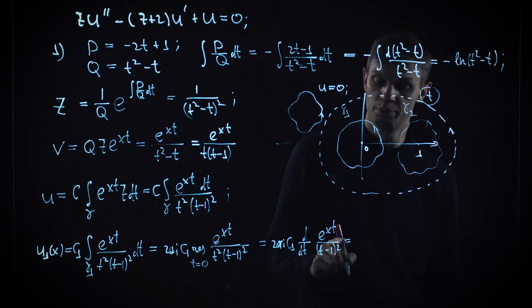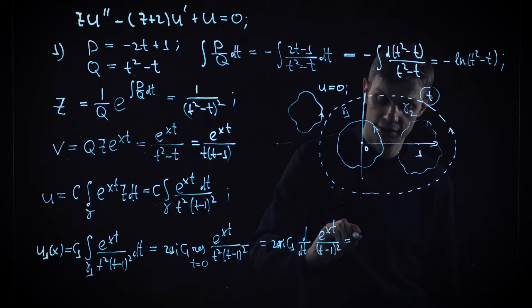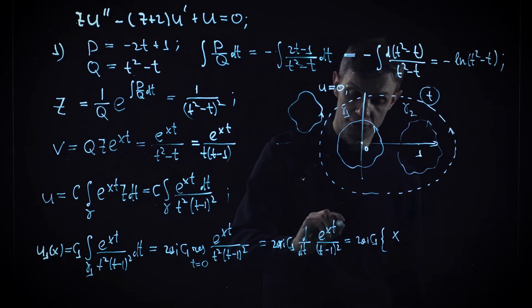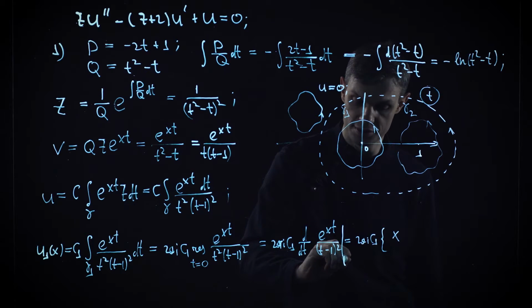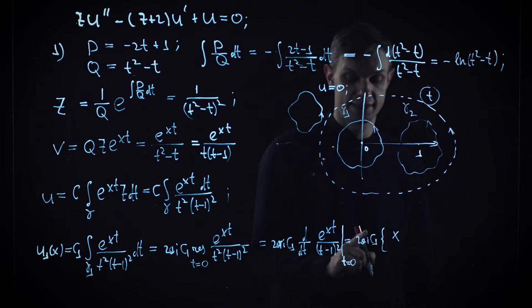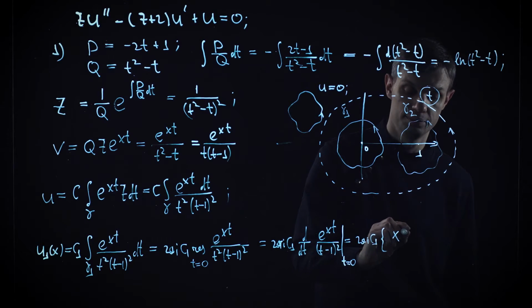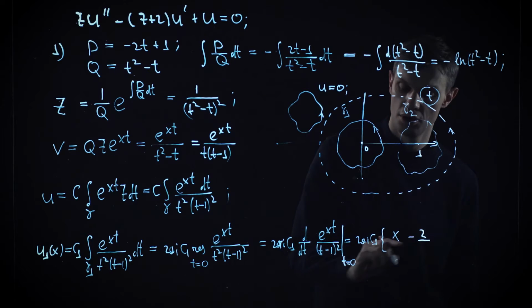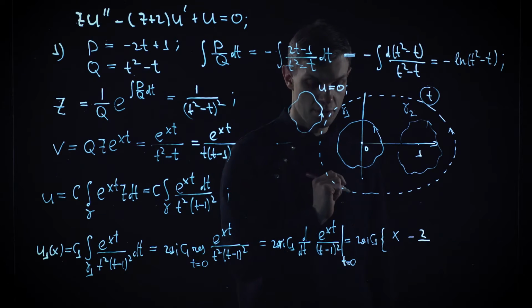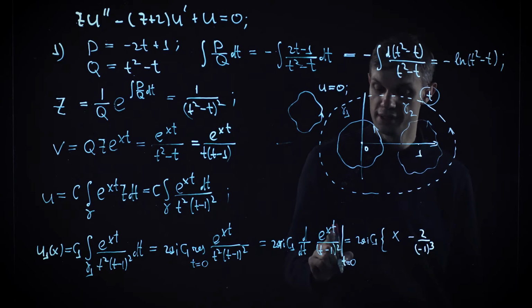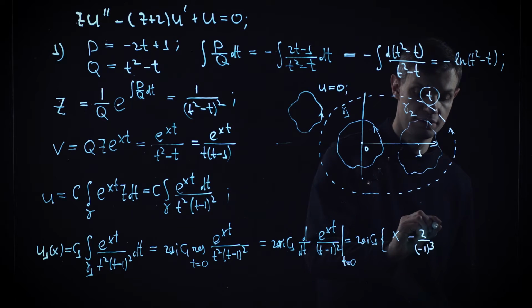The derivative of the exponential brings us an additional x into the numerator. And of course you should compute this at point t equal to 0. So what you get is x times e to xt at t equal to 0, divided by t minus 1 cubed, which simply gives you -1 cubed. And then times e to xt at t equal to 0.